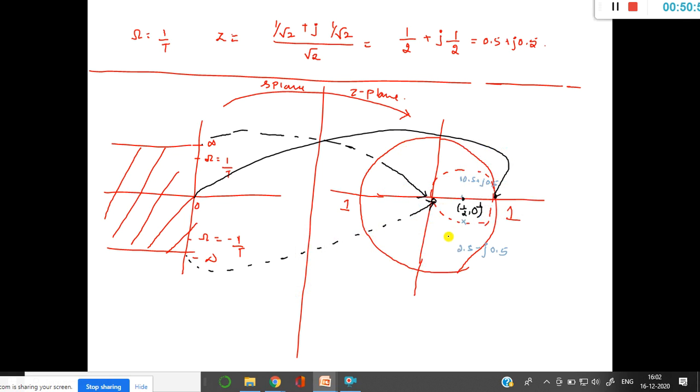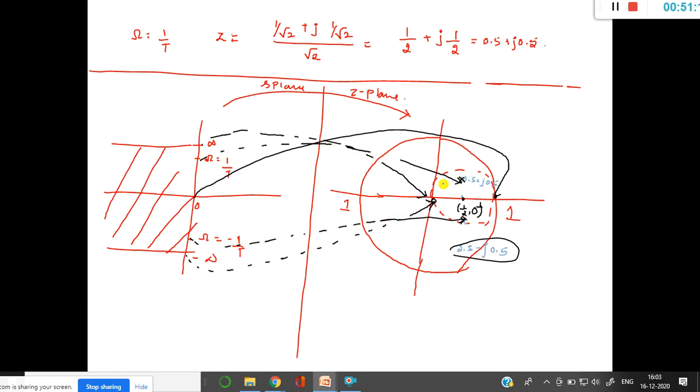So this is the point that is going to be mapped. For this I will try to map it here, and for this I will try to map it here.